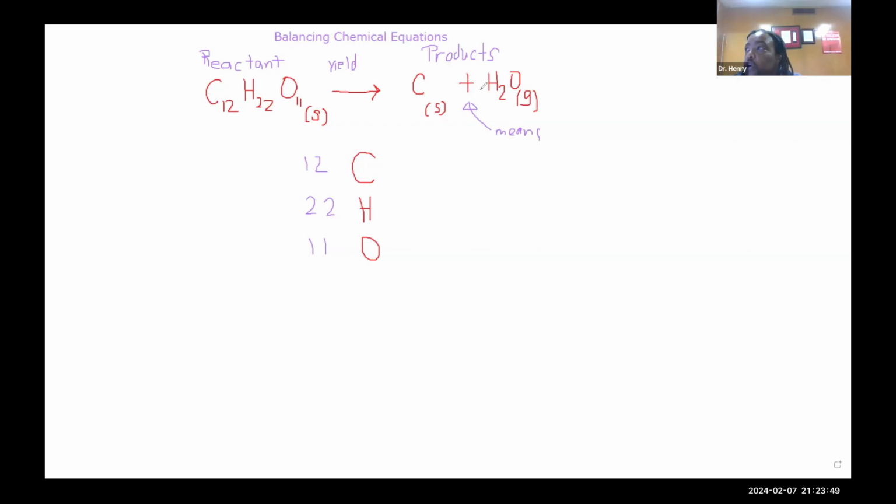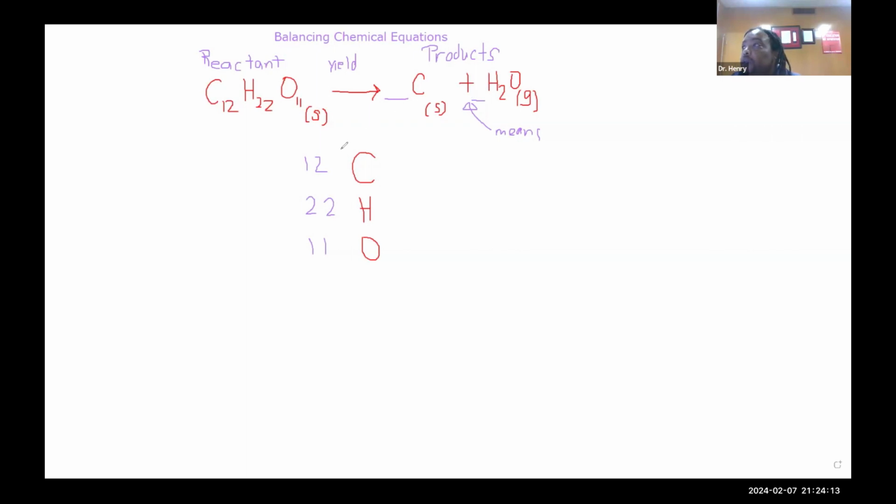So once we get the formula, we can't change the subscripts. The only thing that we can change is what we call the coefficients. And the coefficients are going to be numbers that we're going to be putting in front of our compounds, our atoms, or our molecules.